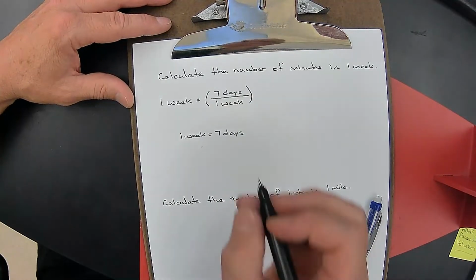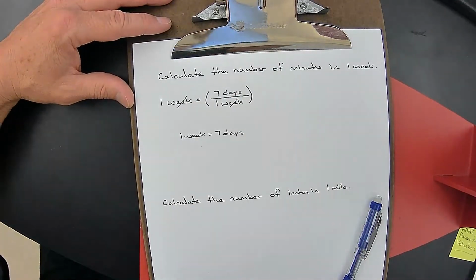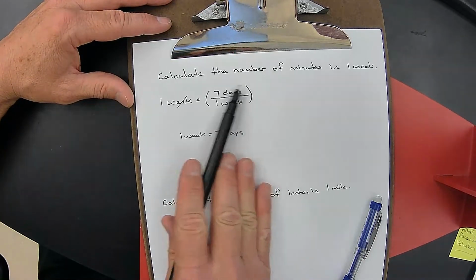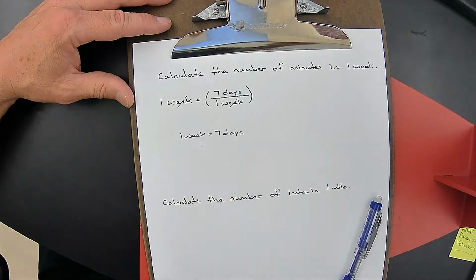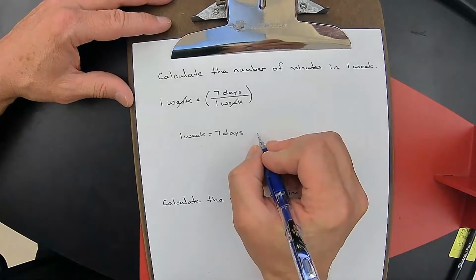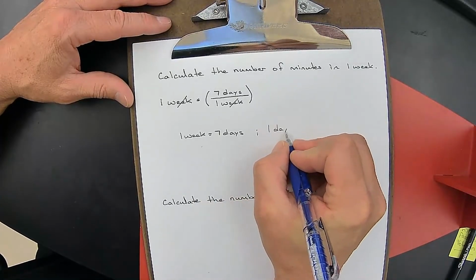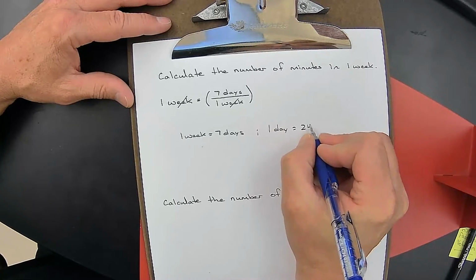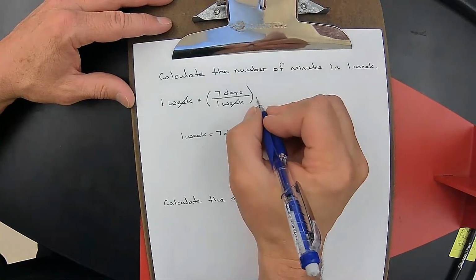The whole purpose of doing that is it allows the weeks to cross out. Now I'm in units of days, but they didn't ask me for units of days, they asked me for units of minutes. So my next conversion factor is, I know that 1 day is equal to 24 hours. That's a conversion factor that I know.